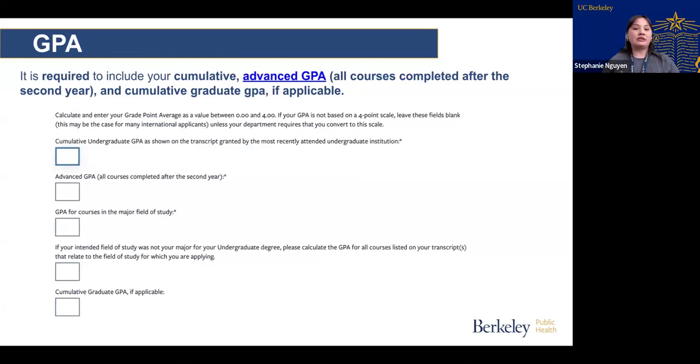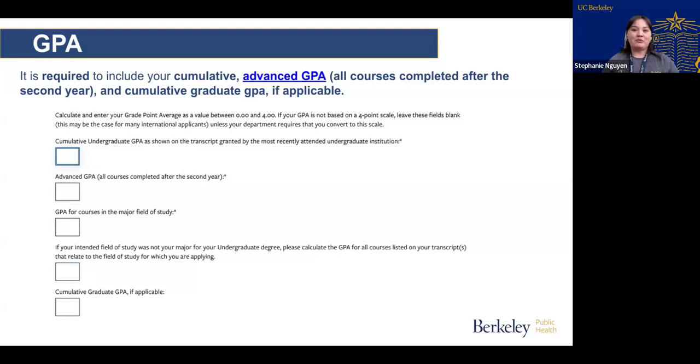Moving forward with the GPA, it is required to include your cumulative and your advanced GPA as our primary requirements on this page. We also ask for your major field of study, but the primary 2 that we're really looking for is the undergraduate GPA and the advanced GPA. So just to quickly go over this, I know that Elise had mentioned the advanced GPA portion a little bit earlier.